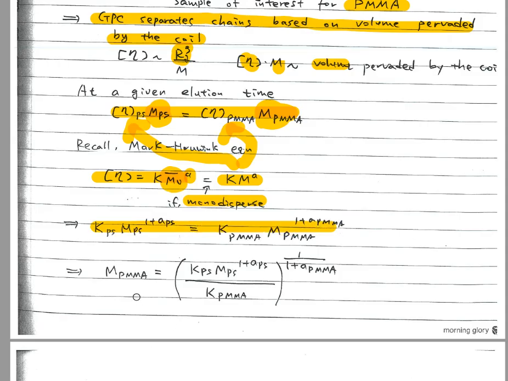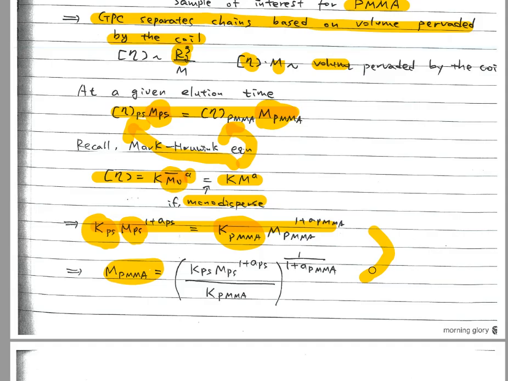So if you have information about K values for polystyrene, K values for PMMA, and also the molecular weight of PS, and also the constant a here, then you can determine the molecular weight of the other sample, PMMA, using these relations.